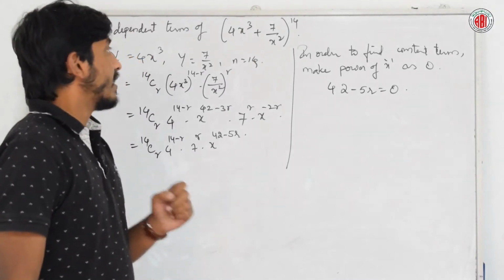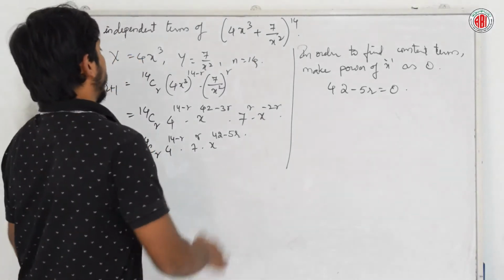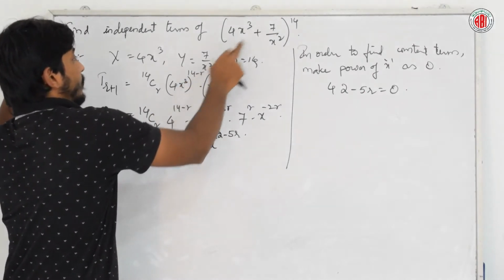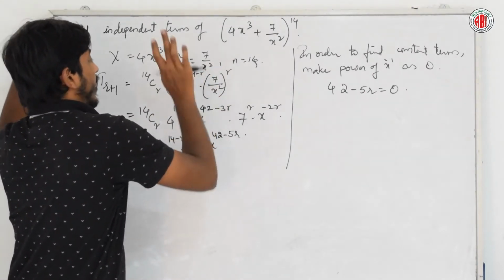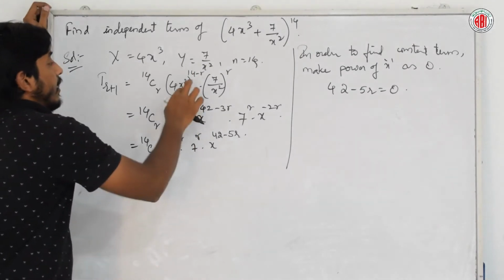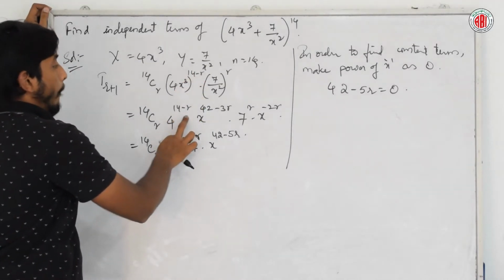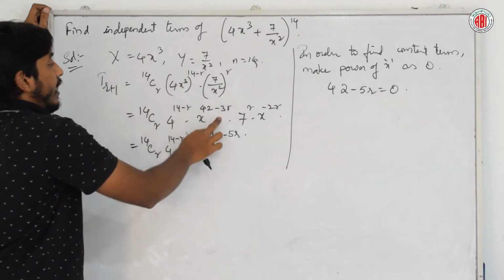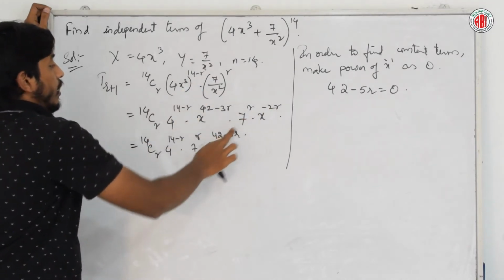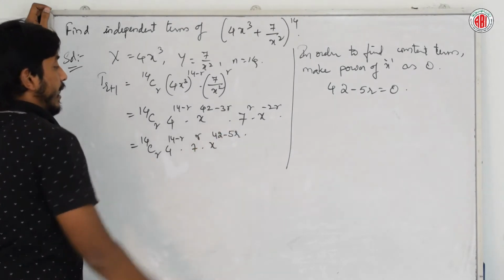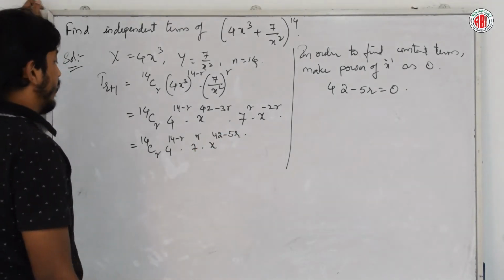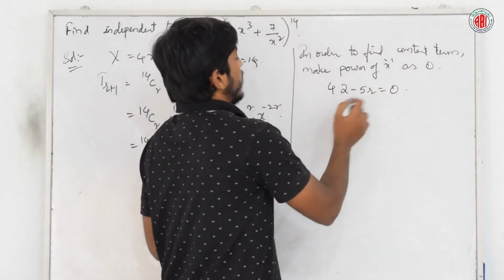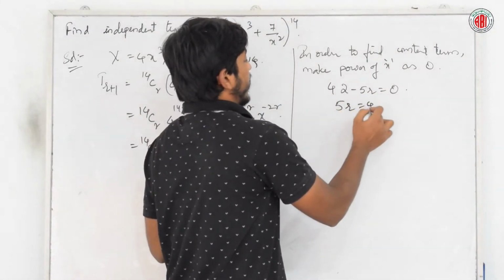Check it properly, everything. Once again, see here: 14Cr x power n minus r into a power r, and the next, 3 into 14, 14 threes is 42 minus 3r, and here it is minus 2r. So we will get it like this. Then we have to equate it to 0. Now just see here, 5r is equal to 42.